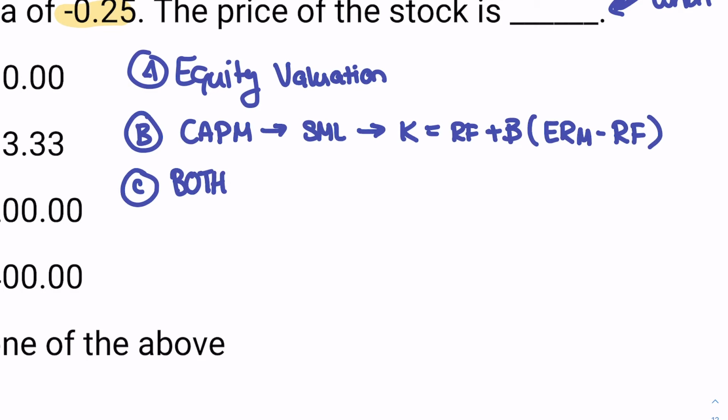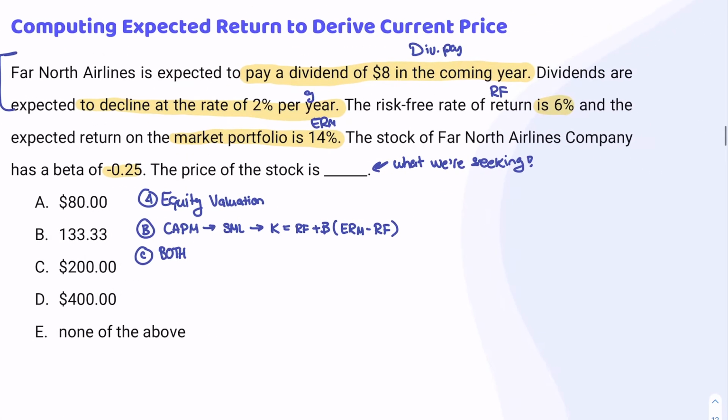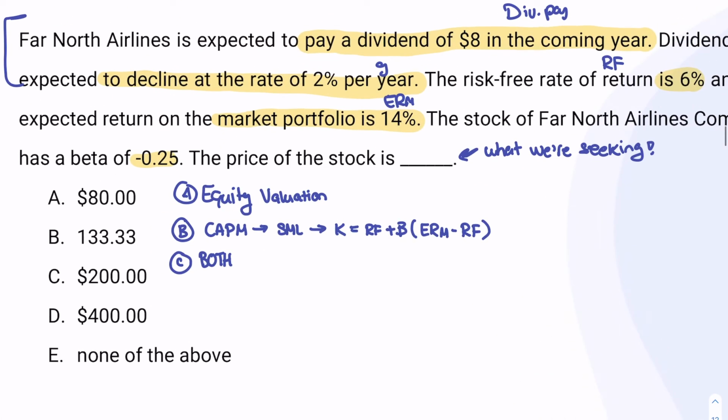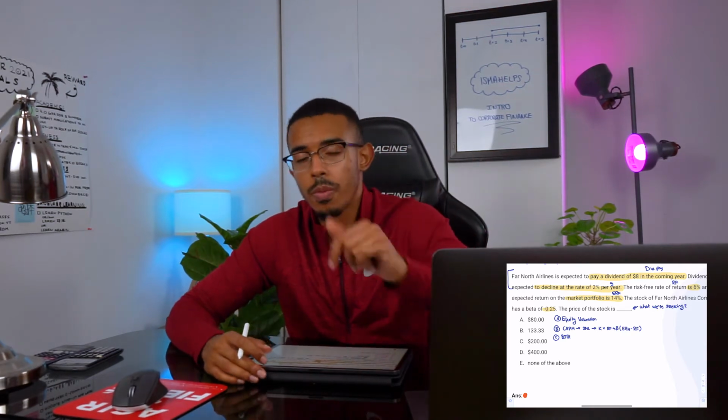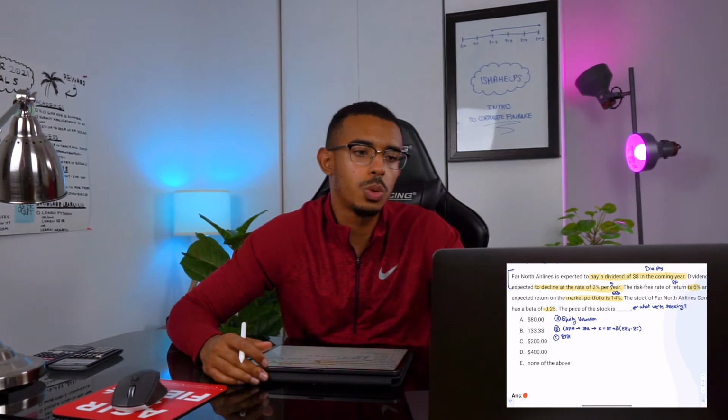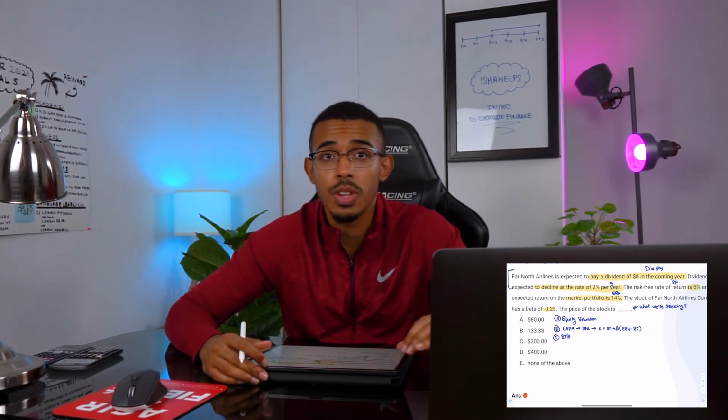Okay. So the first thing that you want to do after you've identified these different concepts in your question is ask, is there something that relates to the dividend price? And is there something that relates to K vis-a-vis equity valuation?